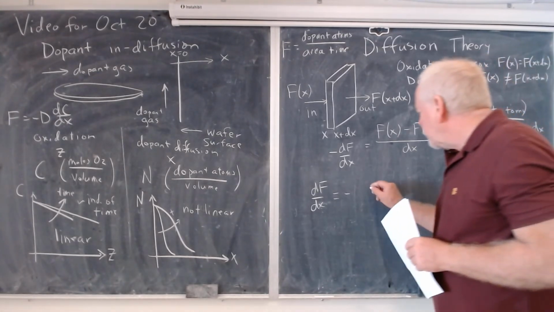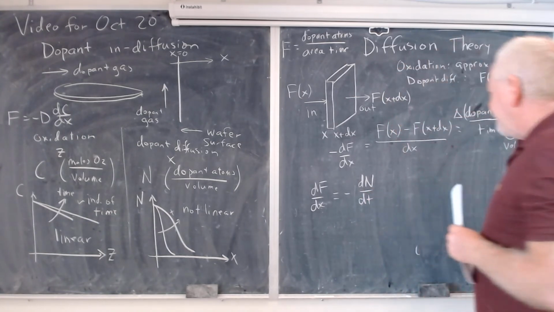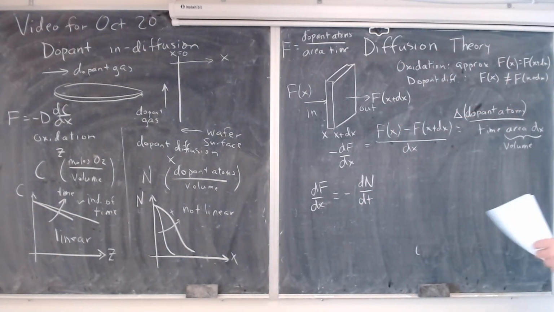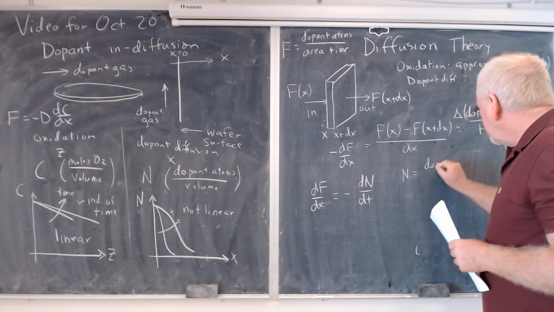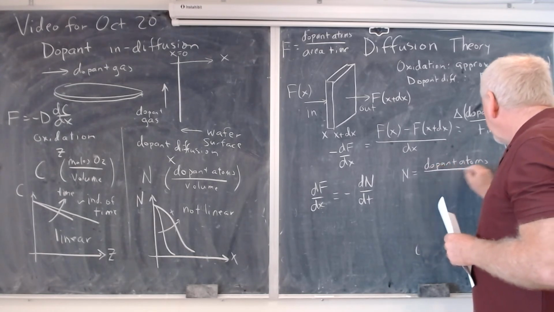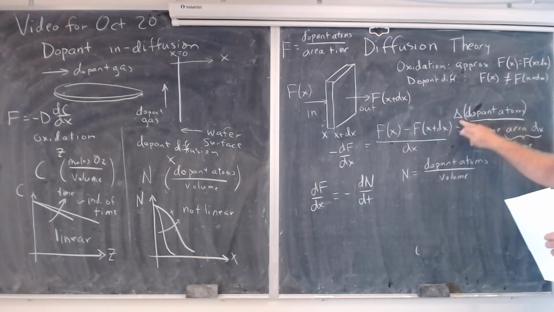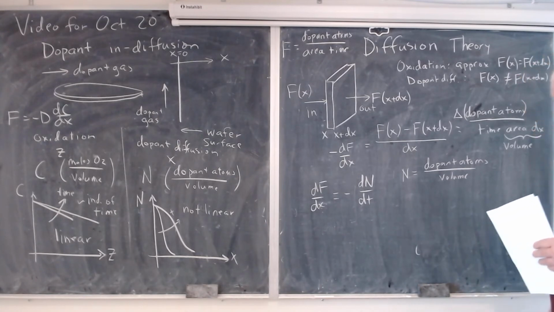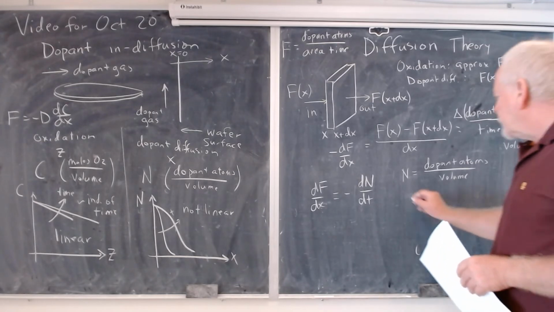So this is equal to dn/dt, because n is the dopant atoms per unit volume. So this is delta, dopant atoms per unit volume per unit time, dn/dt. Get it? It's pretty simple, really. And so this is the diffusion equation.